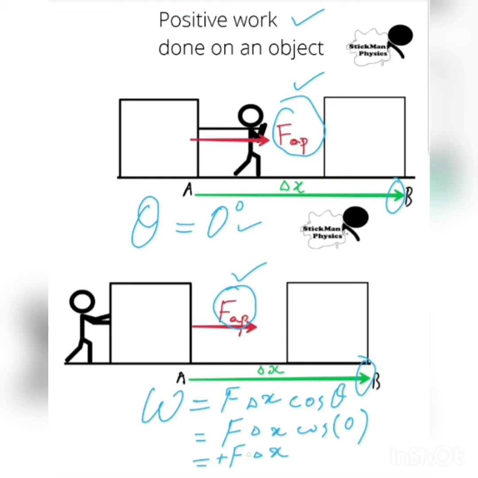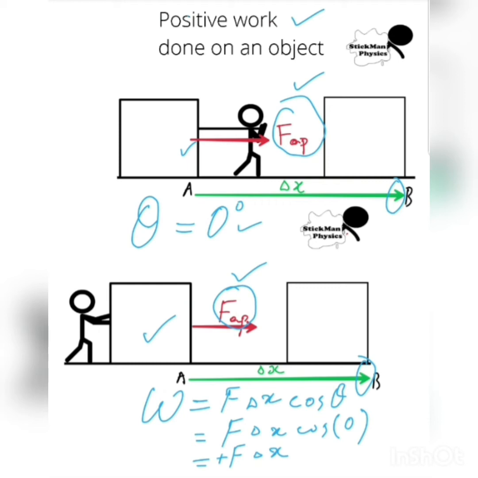And remember, if our answer is positive, again it implies that we are doing positive work, and positive work means that the energy is added into the system itself or the object itself.